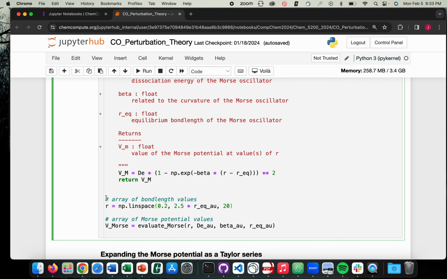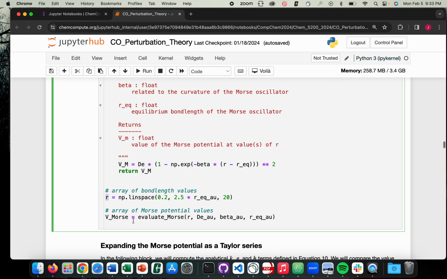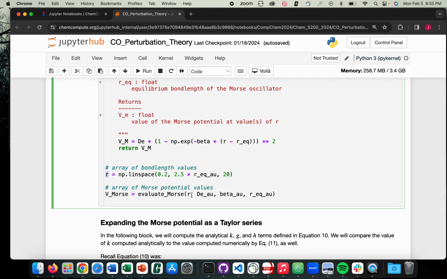and then I'm going to unindent and be outside of the function, and I'm going to define an array of bond lengths between 0.2 atomic units and 2.5 times the equilibrium bond length. And there's going to be 20 of those bond lengths, and that will all be stored in this array called R. And then I'm going to pass R to my evaluate Morse function here and give it the dissociation energy in atomic units, the beta in atomic units, and the equilibrium bond length in atomic units.